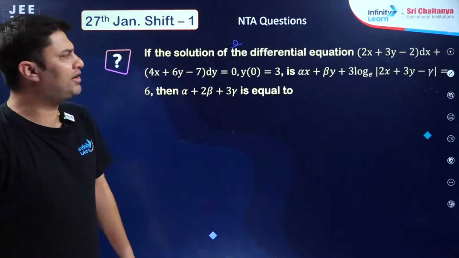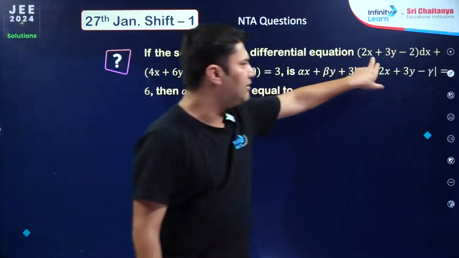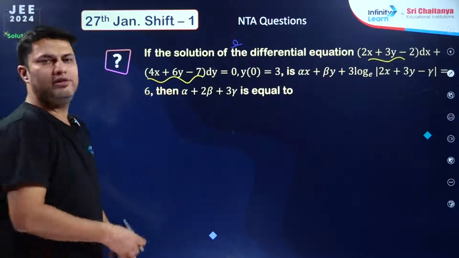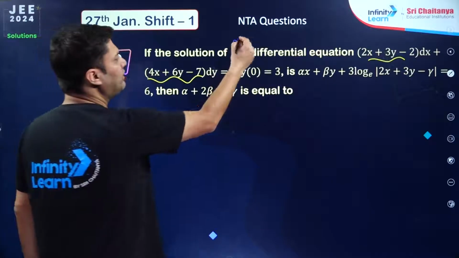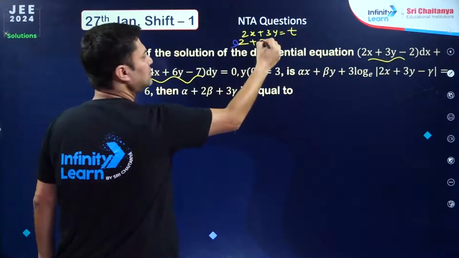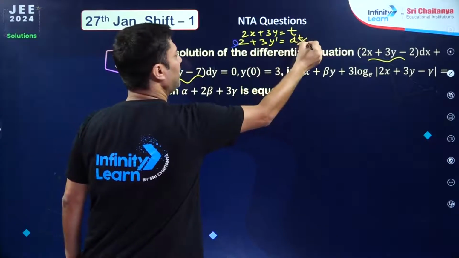Now, for the solution of the differential equation, this is a straight line which is parallel to this straight line. So for sure, in these types of problems, you need to take 2x plus 3y equal to t. So 2 plus 3 dy by dx equals dt by dx.